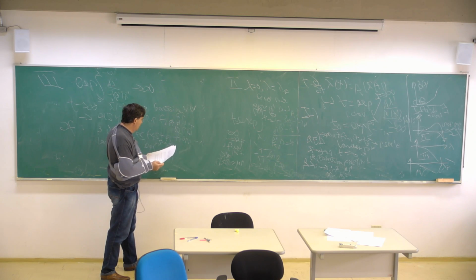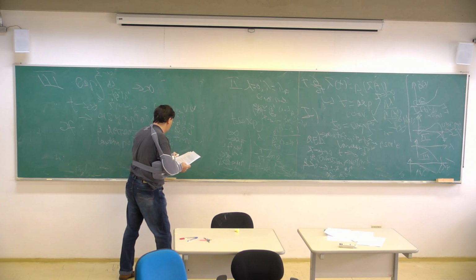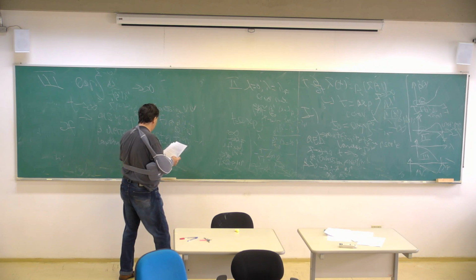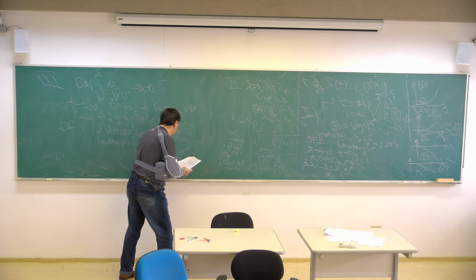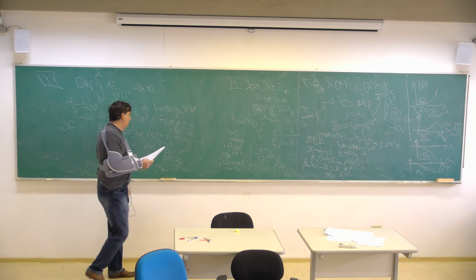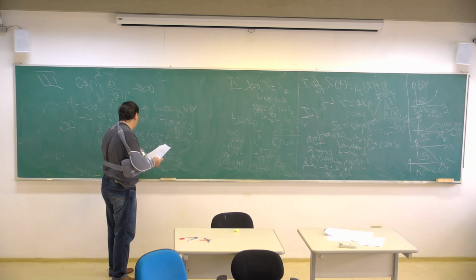That means this integral is something like 1 over some power, so 1 over lambda bar to some power. And then the exponent of this is some finite object.